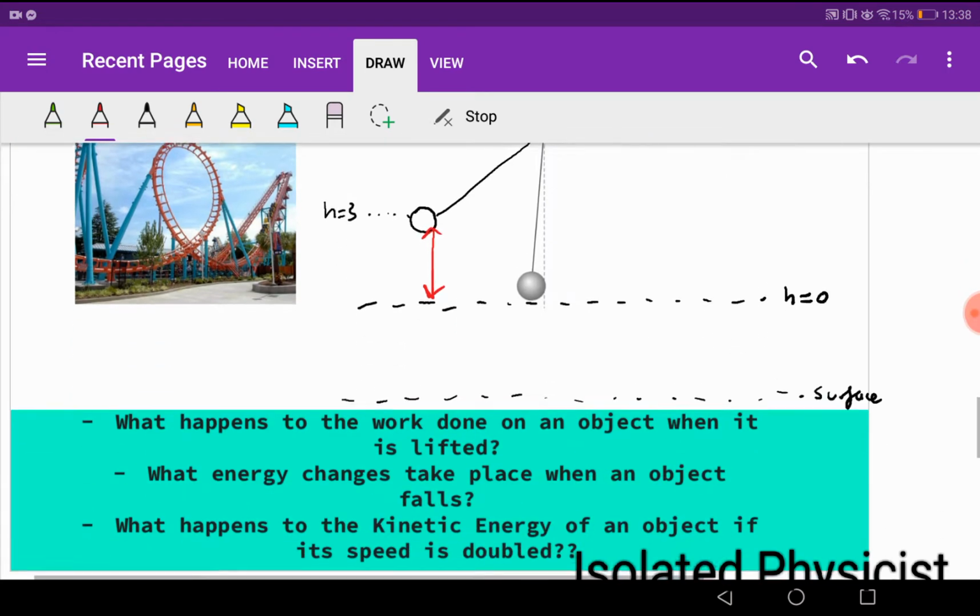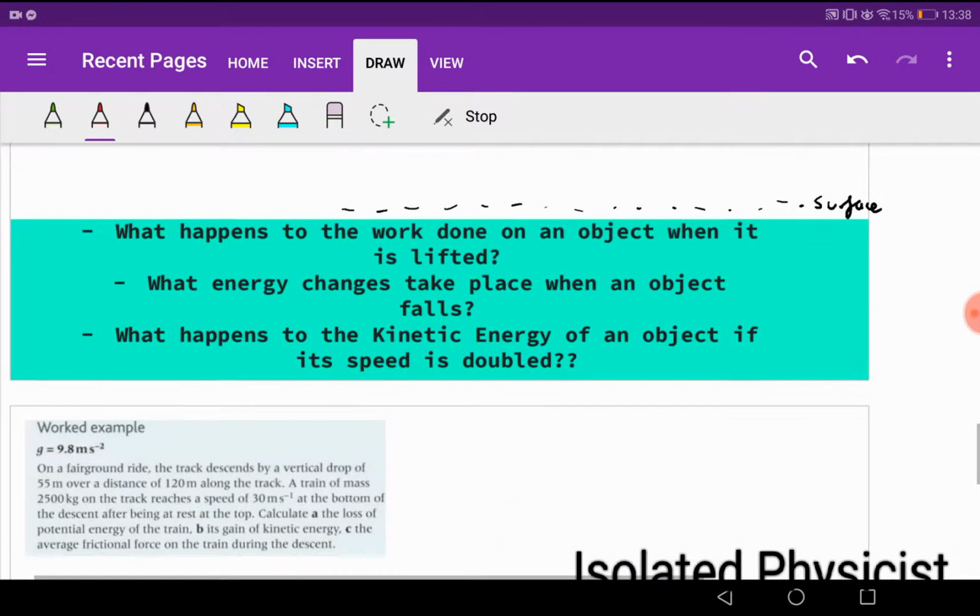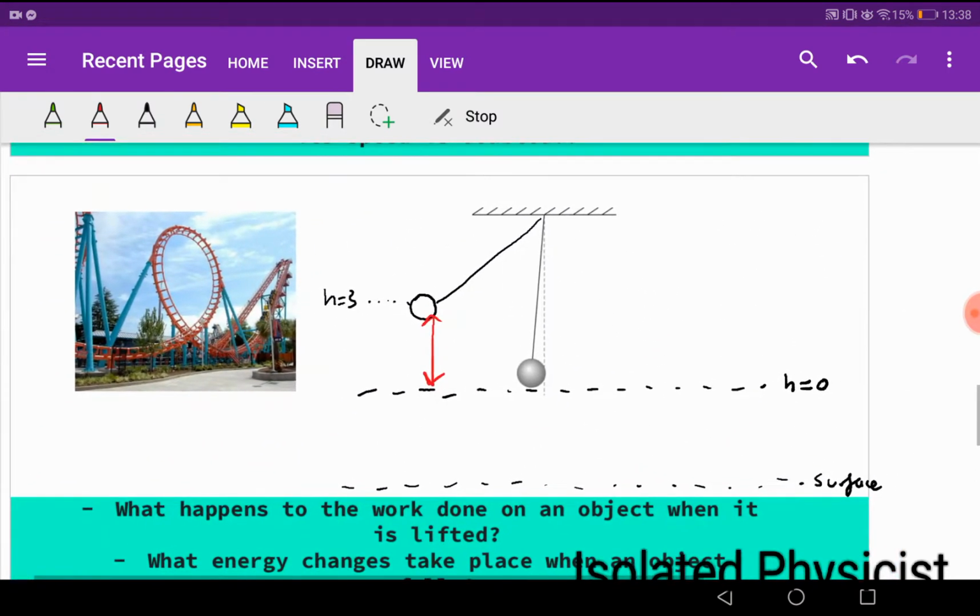Now, when we've got a question like a fairground ride, sometimes they say things like excluding friction. So it might convert all of its kinetic energy at the bottom here into GPE at the top here.